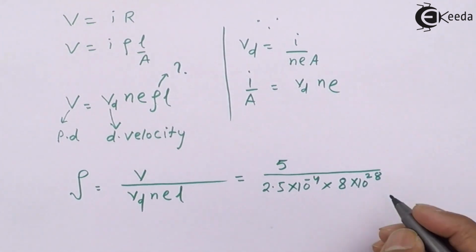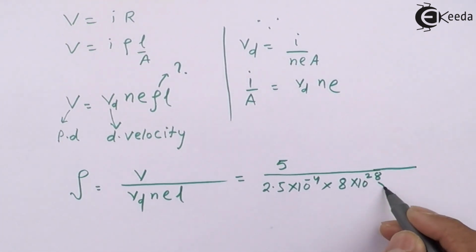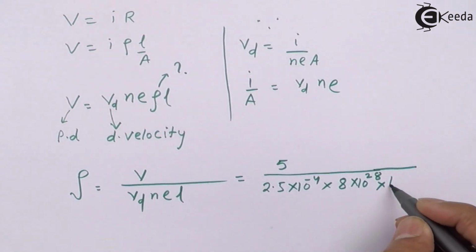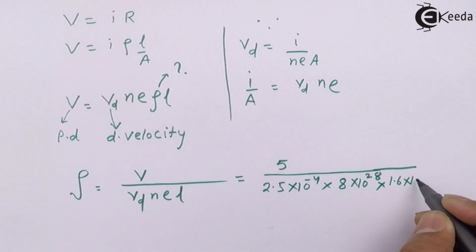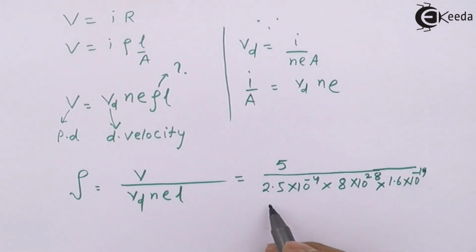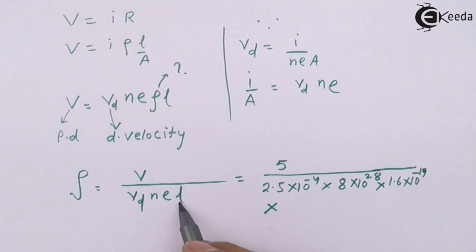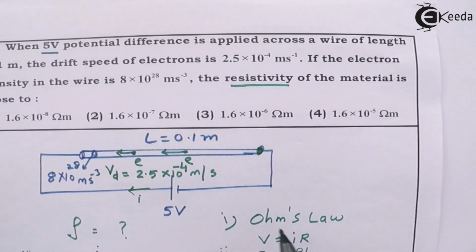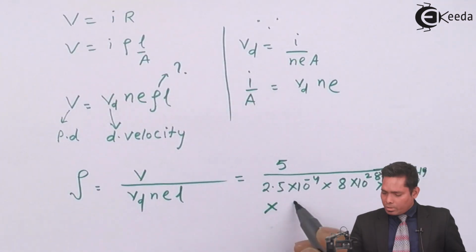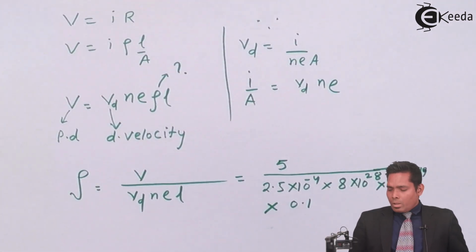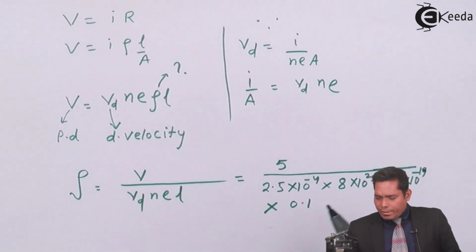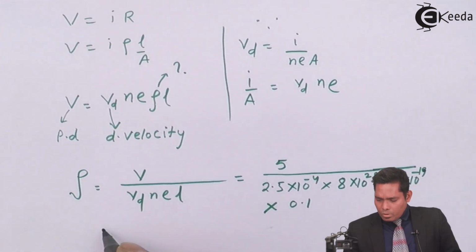These data are all given in the question. e is the electronic charge, that is 1.6 × 10⁻¹⁹ coulomb, and multiplied by the length of the wire, that is given as 0.1 meter. Substituting those values, we have to solve the question.